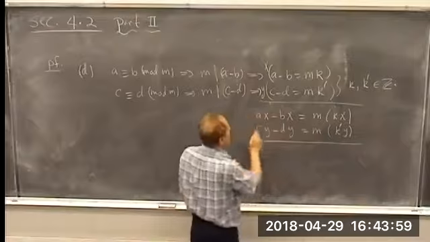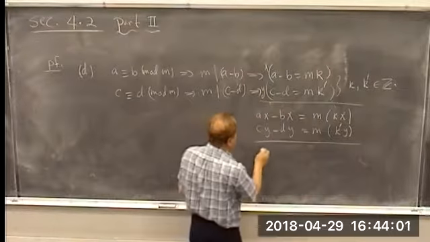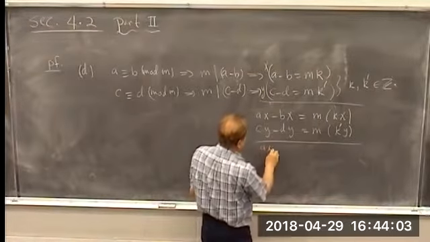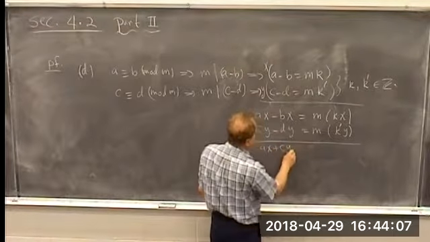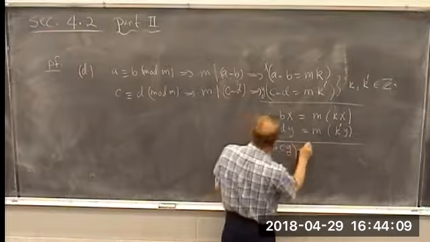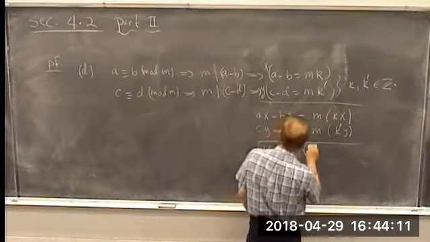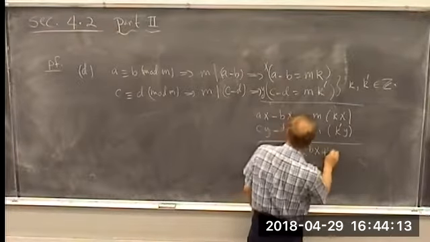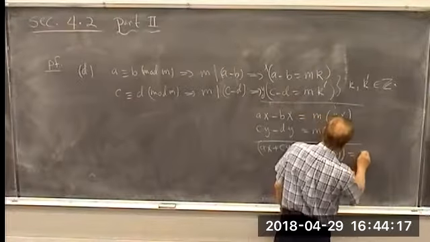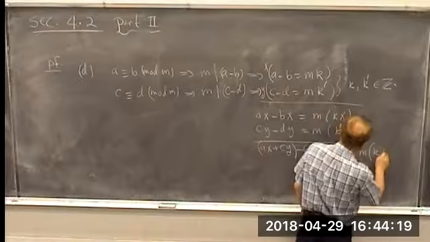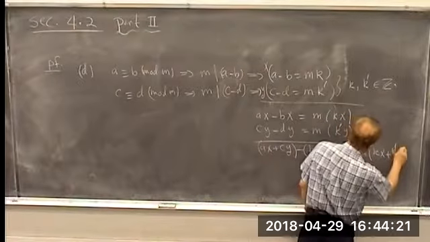And when we add these, we come up with ax plus cy minus bx plus dy equals m times kx plus k prime y.